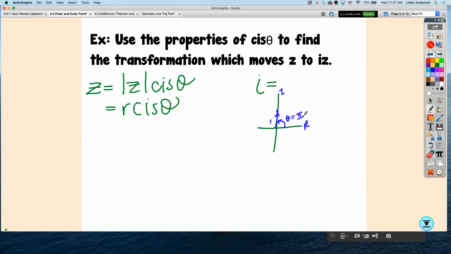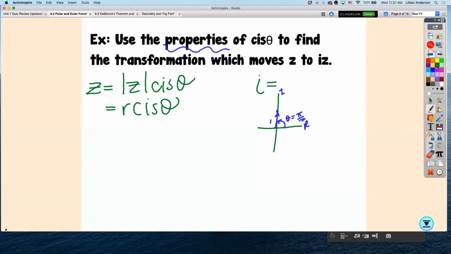And an angle of what? Pi over 2. So remember, we're using properties of cis to find the transformation that moves z, r cis theta, to iz. So we need to know what i is so that we can multiply it by z. In order to use the properties and involve multiplication, we need i also to be in polar form.